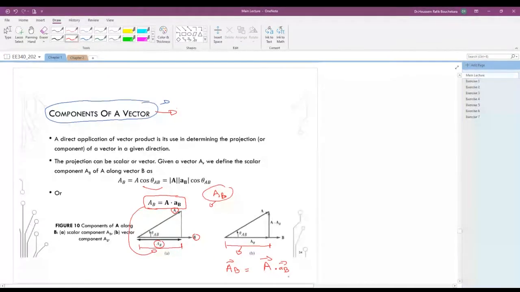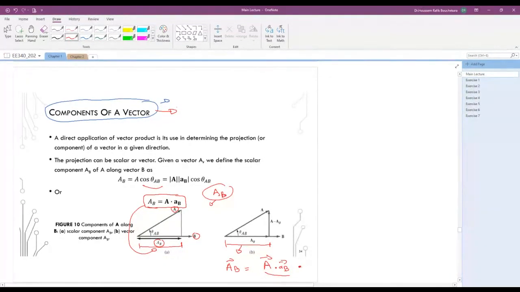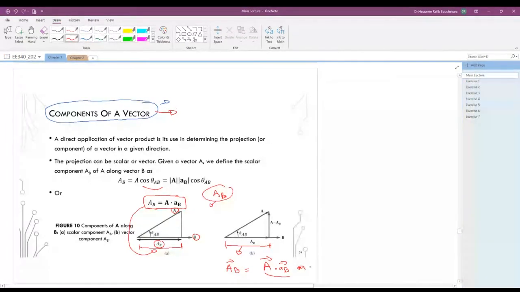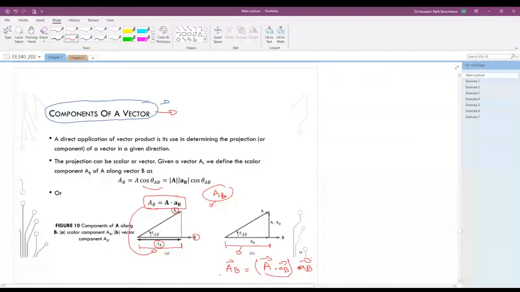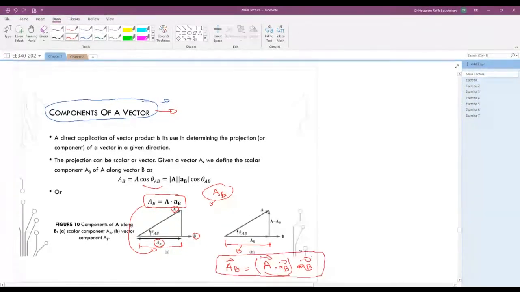This is the component determined as a vector, and this is the component determined as a scalar. Is it clear, guys?